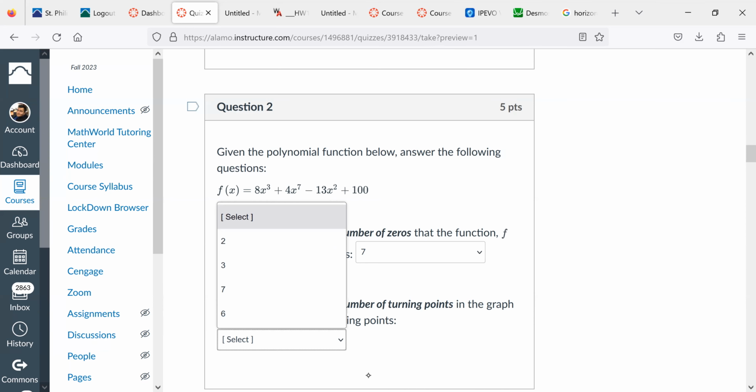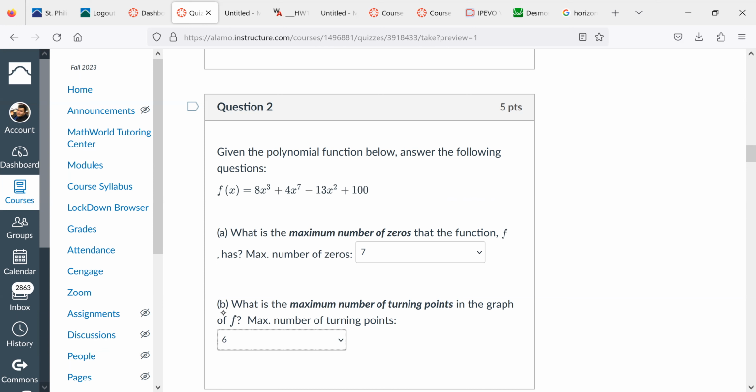What's the maximum number of turning points? But we said it's always going to be the degree minus 1. So n minus 1, where n is your degree. So it should have 6.